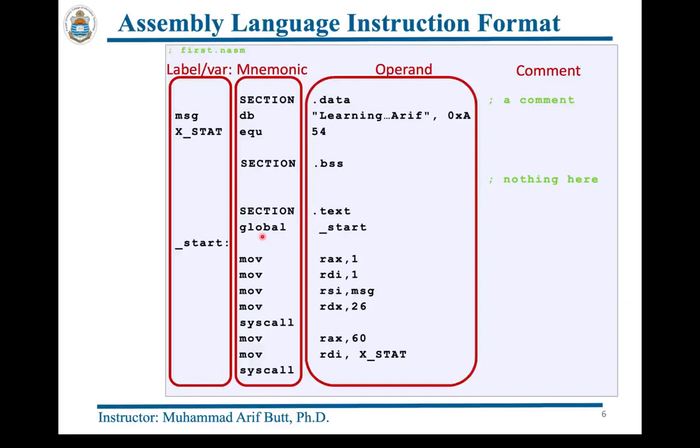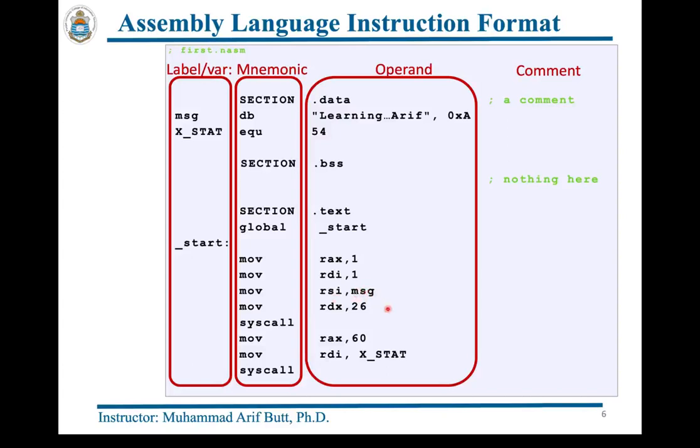Then we have operand, which specify the data required by the operation. Well, operands for assembly instructions can be a register as shown over here, RAX, RDI, RSI. It can be a memory variable like this msg.